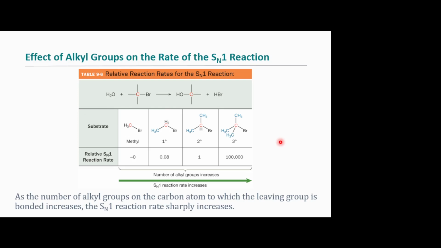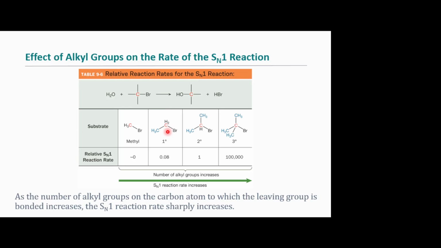Now let's talk about the alkyl rates on SN1 reactions. Does anybody remember our carbocation stabilities? What was our least stable carbocation? Methyl. What was our next least stable? Where we have one carbon attached to it, primary.